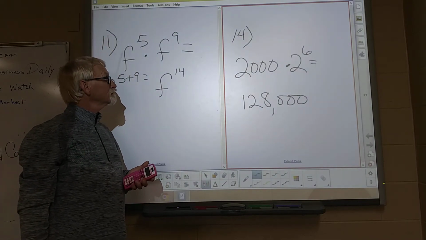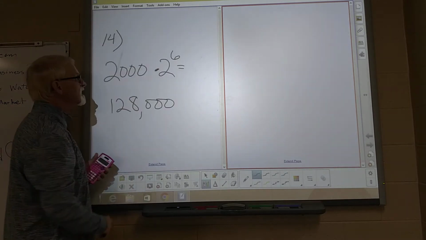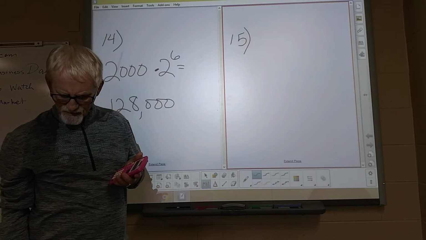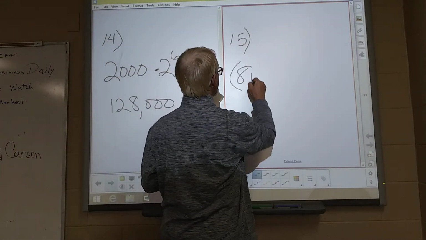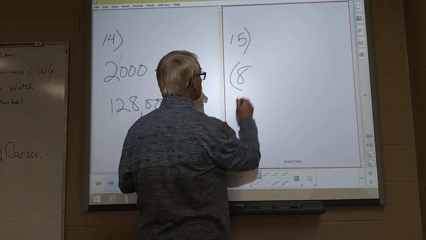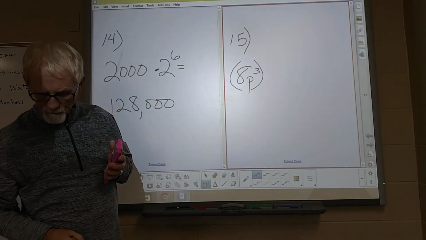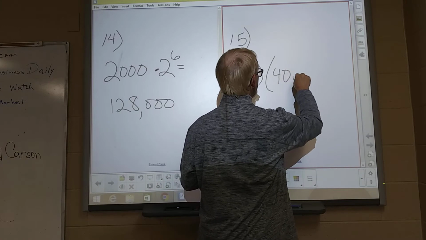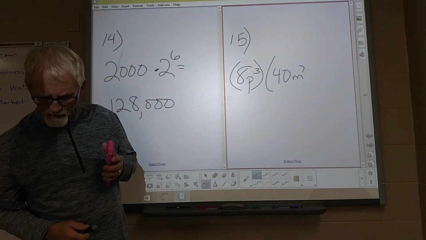Let's look at 15. We have here 8p to the 3rd, multiplied times 40m to the 7th, p to the 6th.